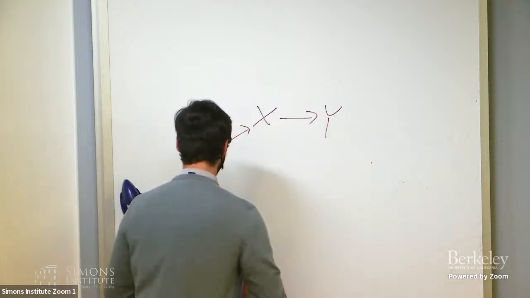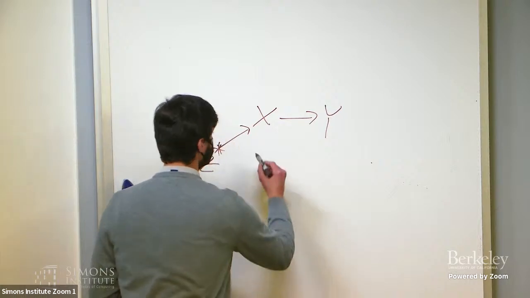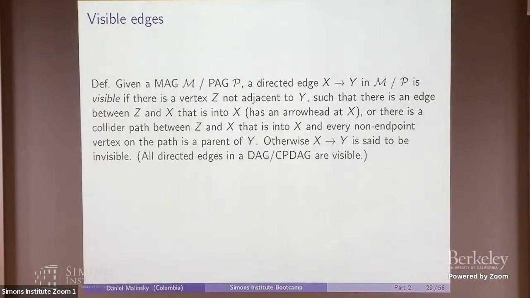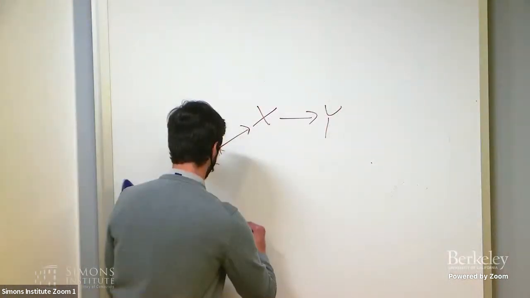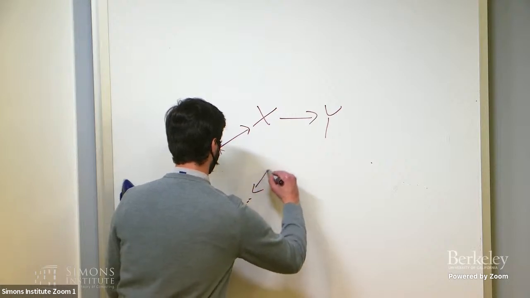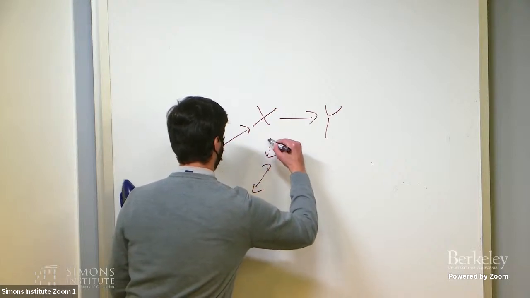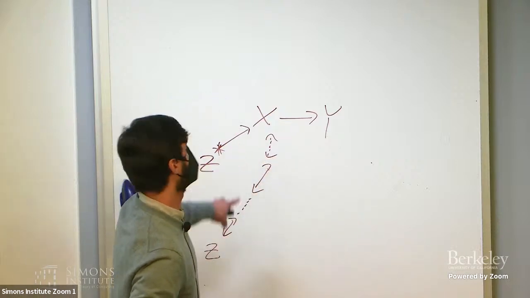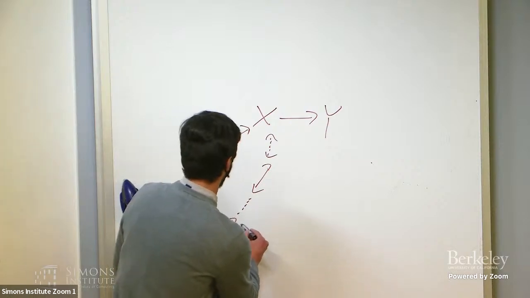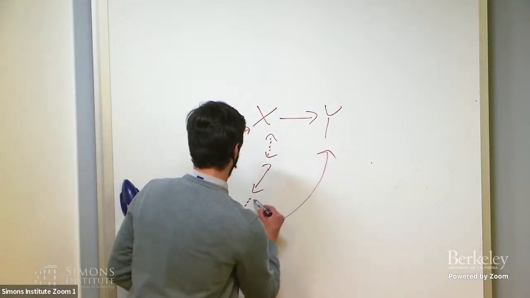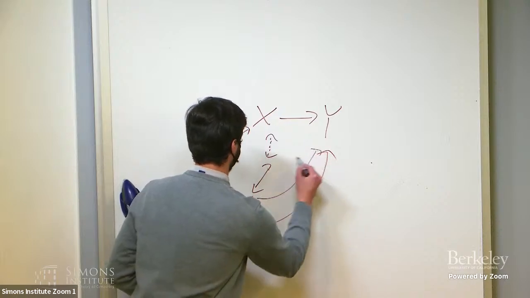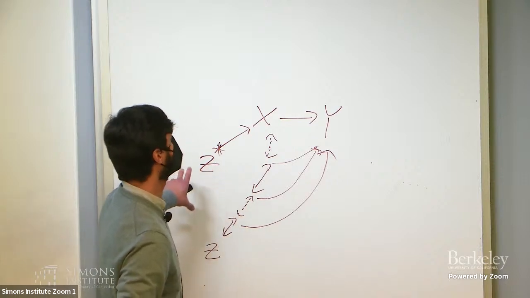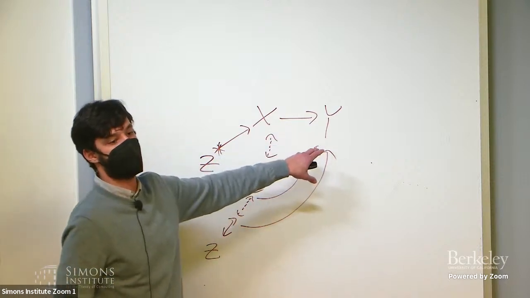Or it could be a bit more complicated, and you could have a Z that has a collider path. It's not necessarily directly connected to X, but connected by a bunch of colliders into X, such that every non-endpoint vertex on that path is a parent of Y. Either of these could hold. And if that's the case, then this directed edge between X and Y is called visible.